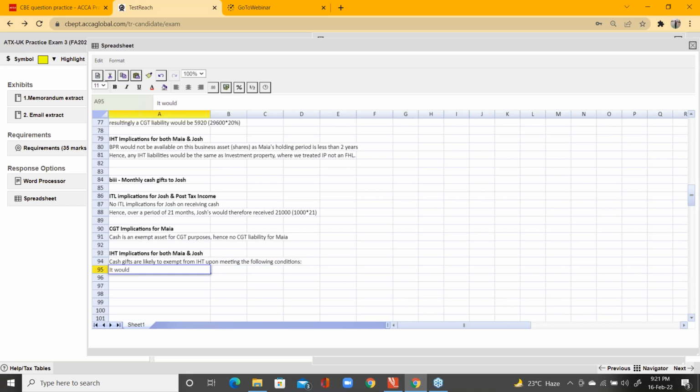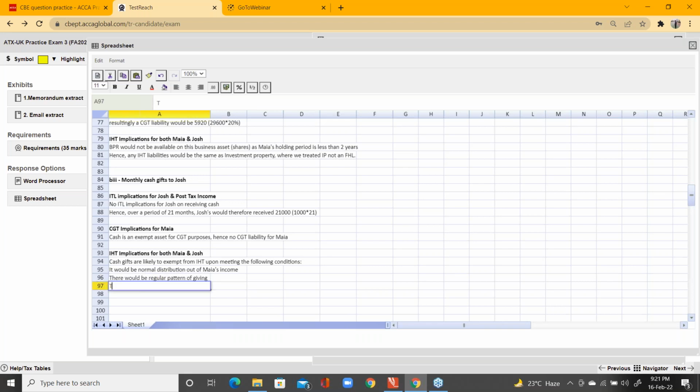First condition, it would be the normal distribution out of Maya's income. Another condition, there would be a regular pattern of giving.